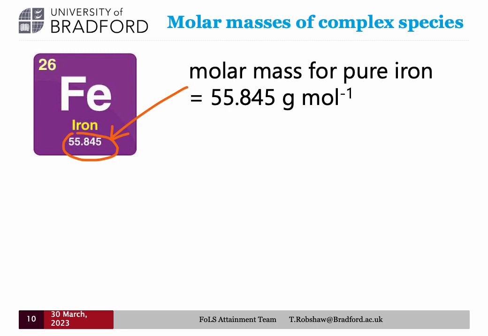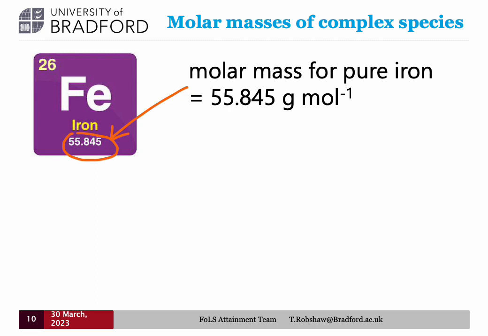The molar mass of any chemical species can be worked out by using the periodic table. For an individual element, as I've said, it's just the mass number of that element according to the periodic table, as we see in the example at the top here. However, of course, the majority of chemicals that we deal with are not going to be pure elements. They're going to be molecules and compounds.